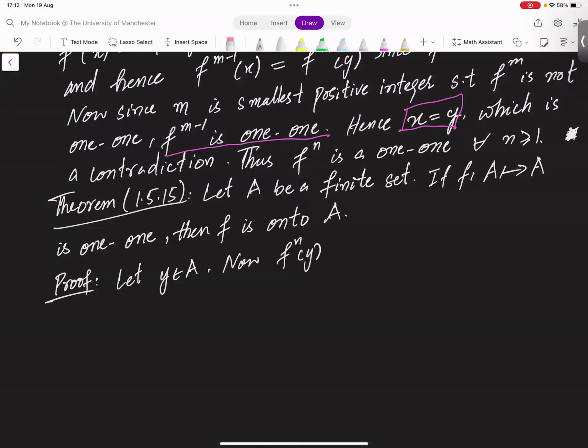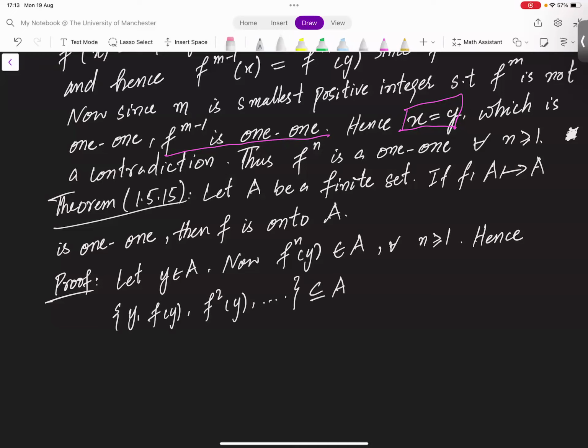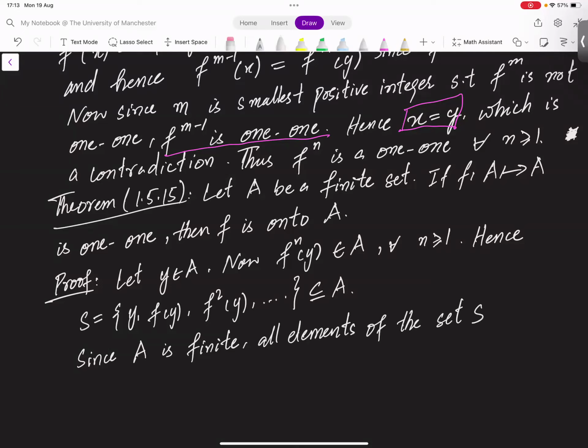Now, f power n of y is in A for all n greater than or equal to 1, hence the set S of y, f of y, f square of y, and so on is a subset of A. Now, since A is finite, all elements of the set S cannot be distinct.